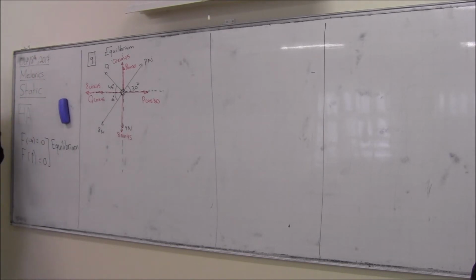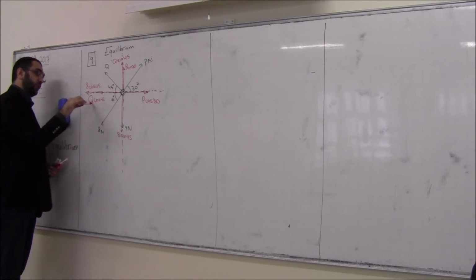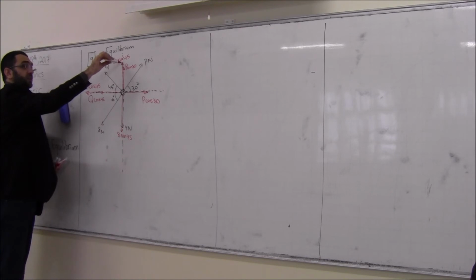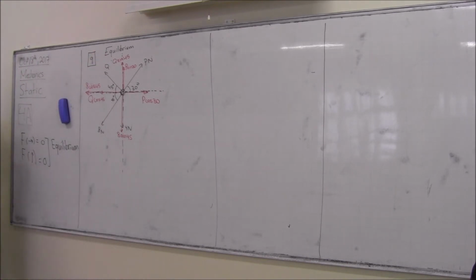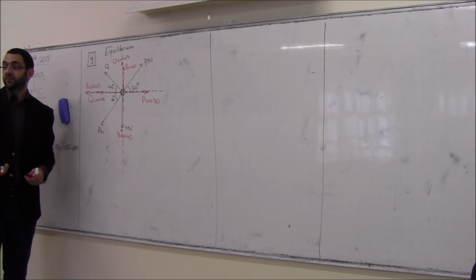Yes, what is your question? Q cosine 45, the angle given with horizontal, right? So the horizontal component will take cosine, while the vertical component will take sine. Look at the angle given. This angle is given with which axis?